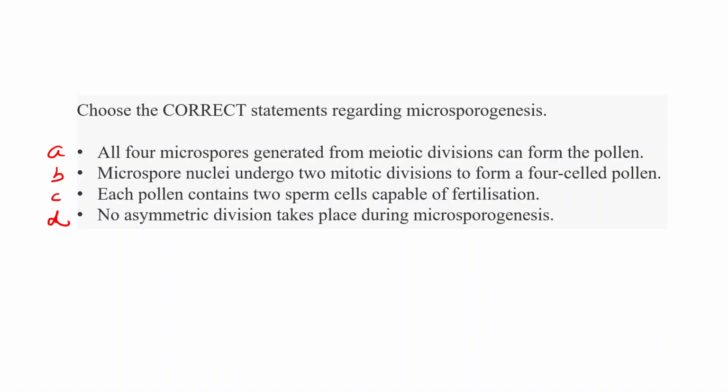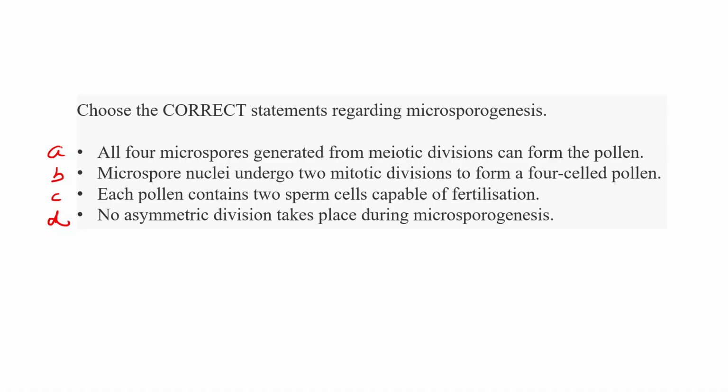Okay. So the question is, choose the correct statements regarding microsporogenesis. First of all, what is microsporogenesis? It is a process in which a diploid microspore mother cell undergoes meiosis and produces a tetrad of four haploid microspores.